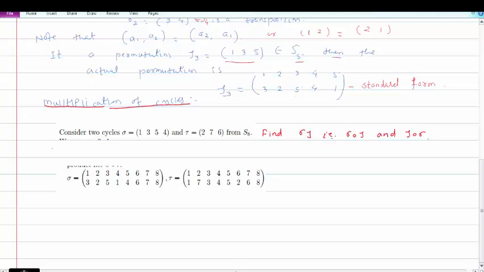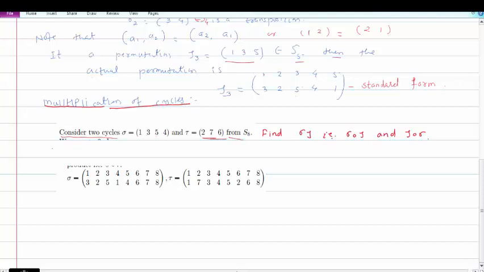So, multiplication of cycles. Consider the two cycles given here: σ is equal to (1 3 5 4) and τ is equal to (2 7 6). Here the highest symbol involved in τ is 7, and in σ it is 5. So you may take σ belonging to S5 and τ belonging to S7.